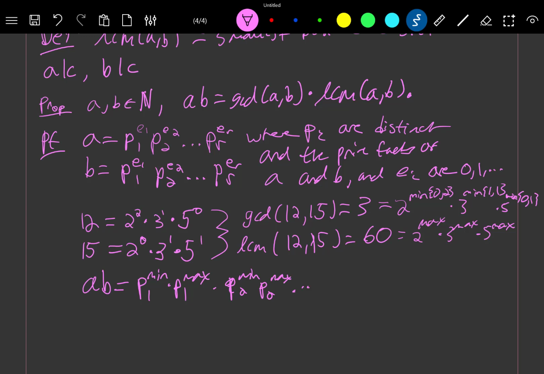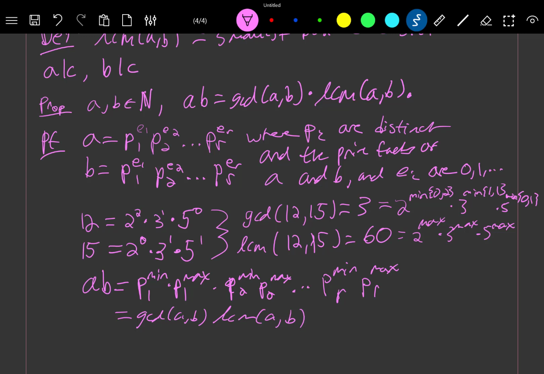And that's one way you can see the statement follows from that. So this is P1 to the min, up to PR to the min, PR to the max, and all the mins is the GCD of A and B, and all the maxes is the LCM of A and B.